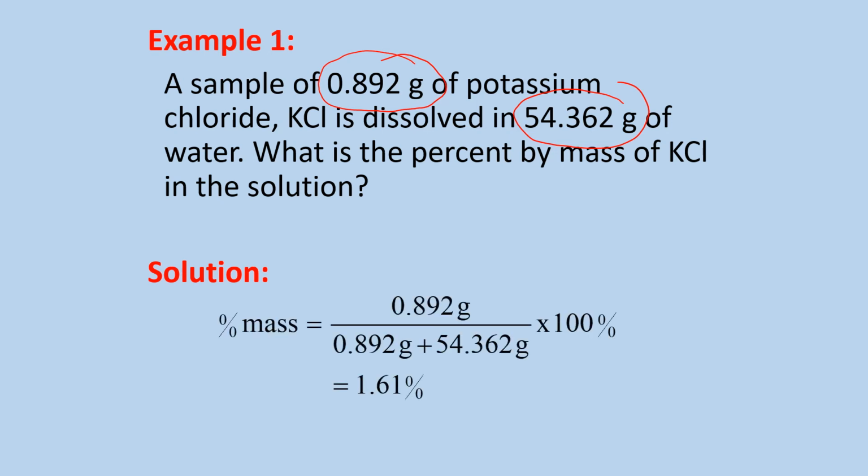For the solution, percentage mass is equal to the mass of potassium chloride divided by the total mass of the solution times 100%. So the final answer is 1.61%.